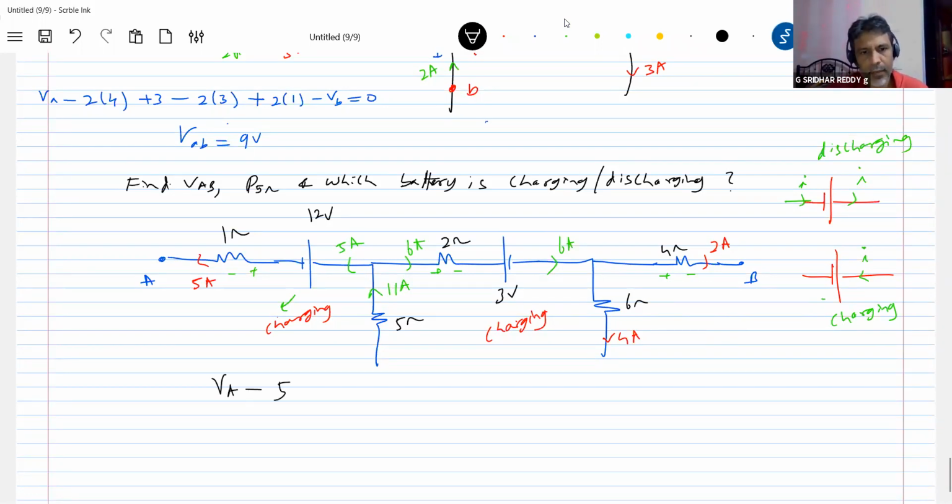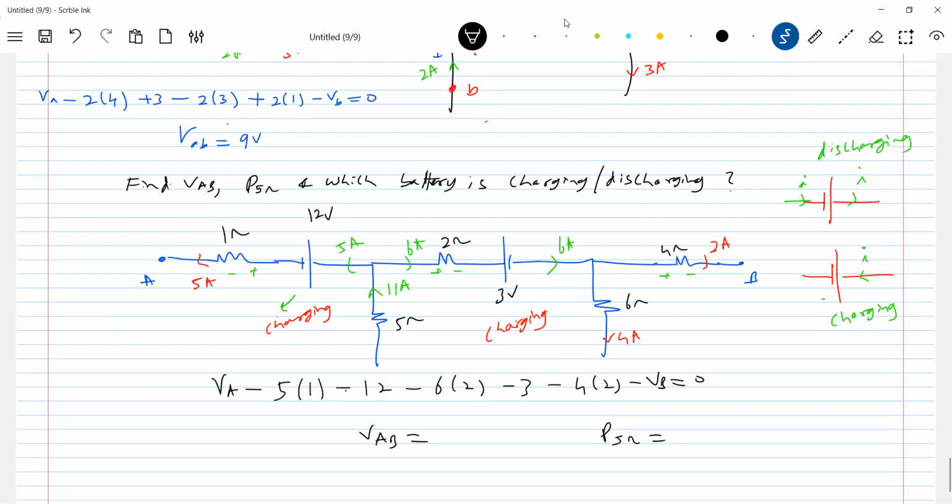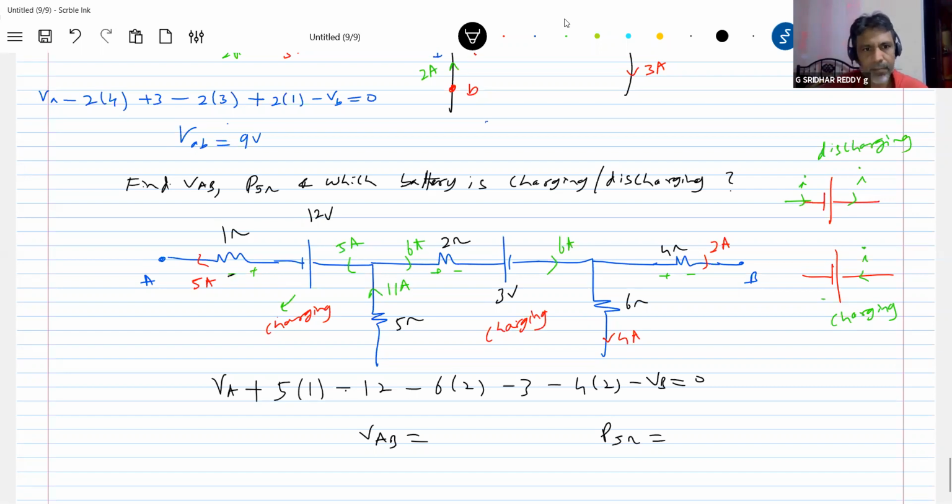Writing VAB, the potential difference: VA plus 5 into 1, minus 12, minus 6 into 2, minus 3, minus 4 into 2, minus VB. Solving this, we will get the VB. Power through the 5 ohm resistance should be 11 square into 5, the I square R formula.